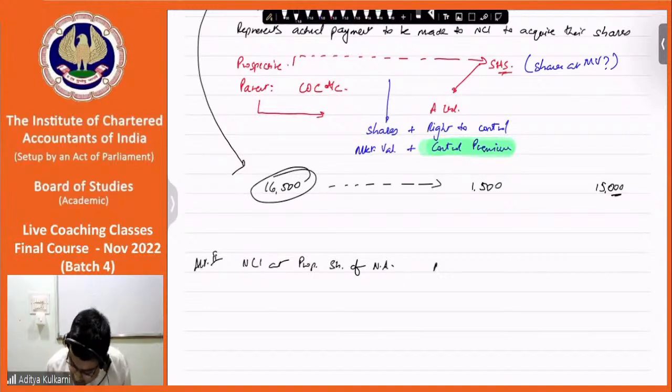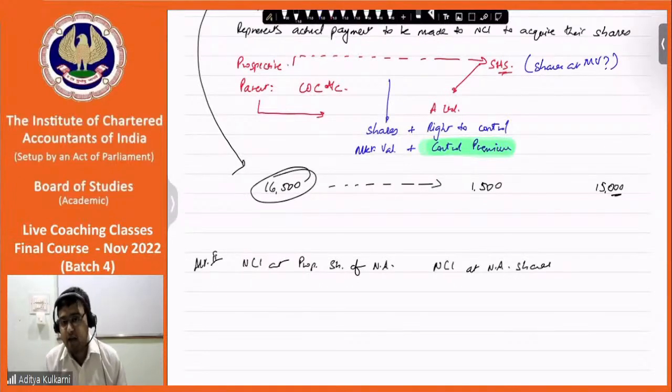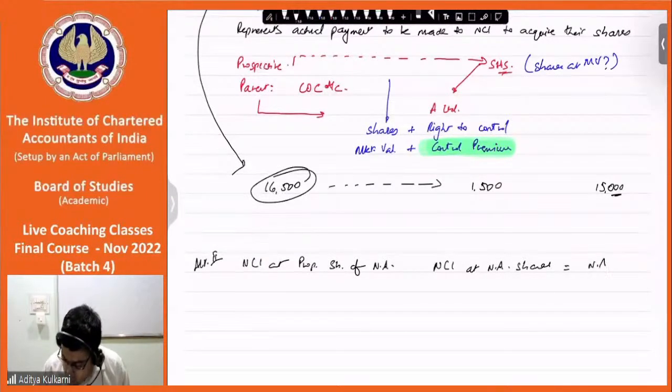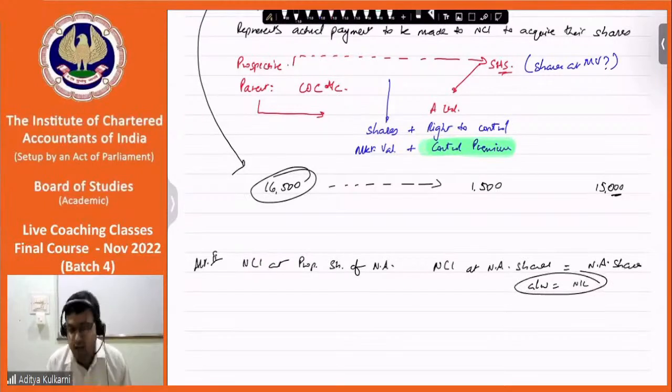In this case, NCI is exactly valued at net asset share. So will there be any goodwill? No goodwill, because NCI at net asset is equal to the net asset share. There is no difference, and therefore I will not have goodwill attributable to the NCI. Here I had recorded it at 15,000 NCI with no corresponding goodwill.